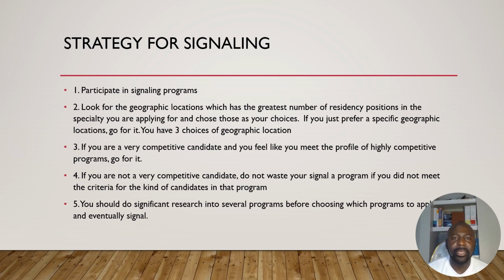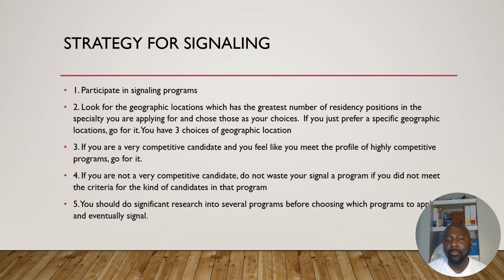And the second strategy will be, look at the geographic region that has the highest number of specialties that you're participating in. For example, if you're applying to internal medicine and you think New York, New Jersey, and that axis has more internal medicine programs, then you should pick those divisions as your choice, because you're going to have more options to choose from, as compared to picking a region that has less of the specialty you're looking for, and so reduces your chances of matching.